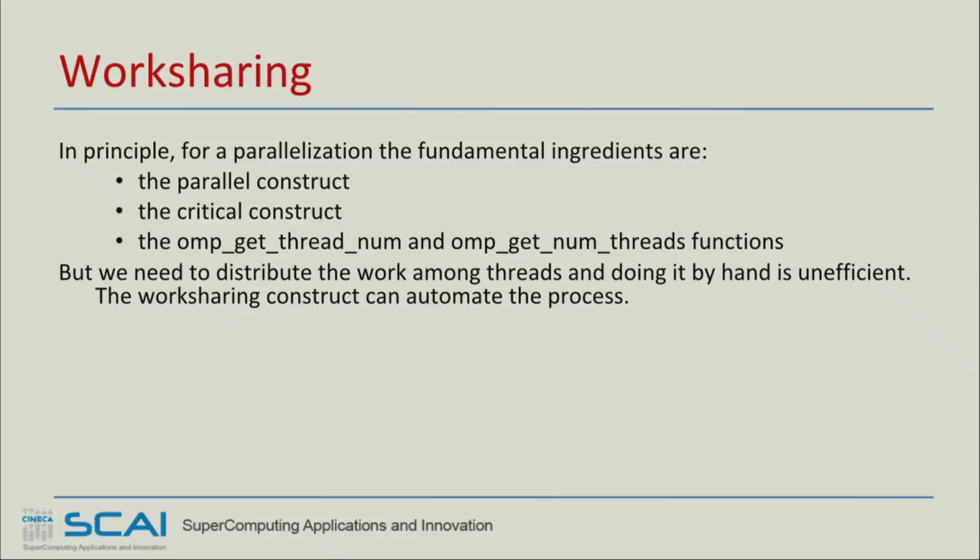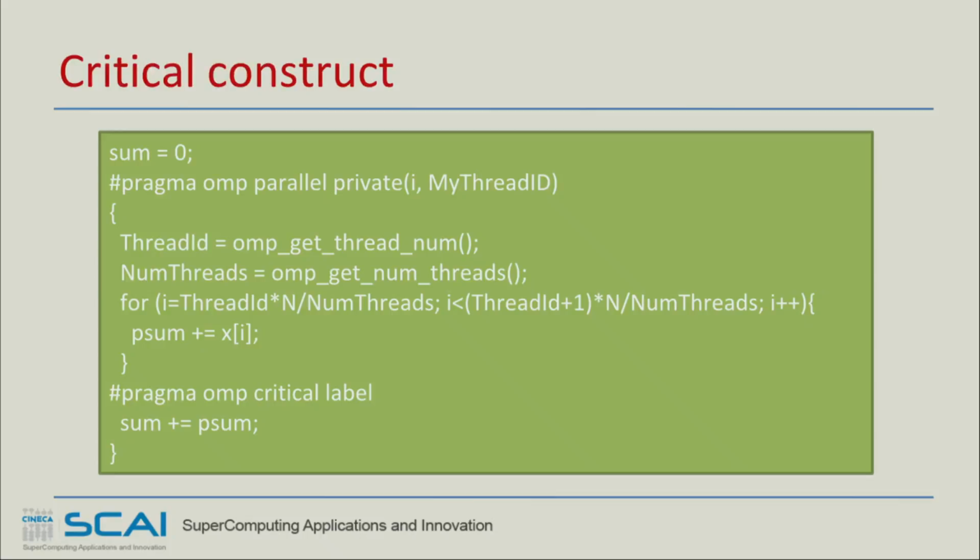In the previous slide, where is PSUM defined? Is it a private variable? PSUM is not a private variable here, so it should be shared. This is a snippet from a larger code, so probably it is defined outside, so it's supposed to be shared. But if it's shared, is it not a race condition, with many threads updating PSUM?